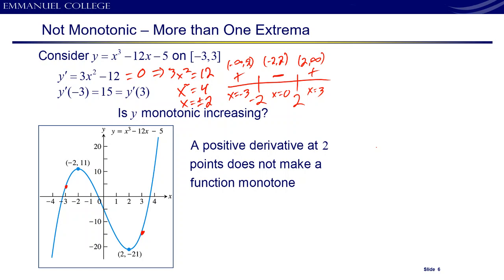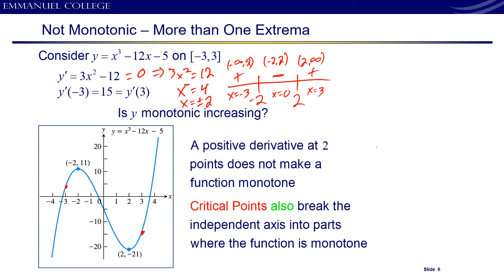So you have to be very careful on those. Don't just jump to the conclusion that I checked these 2 points, they were both positive, so it's monotonically increasing, or I checked these 2 points, they're both negative, so it's monotonically decreasing. You have to check the derivative at the places where it's equal to 0 and undefined. That's going to be your key takeaway.